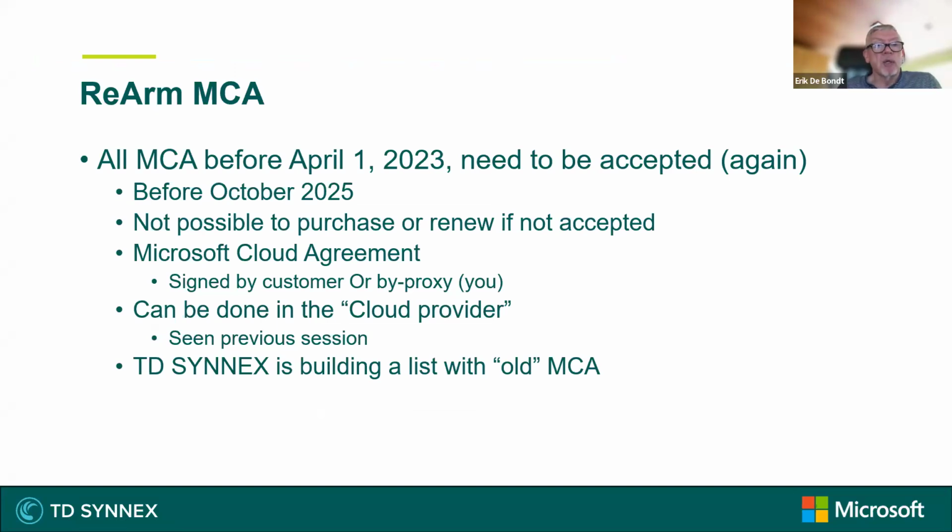And if we are allowed to by Microsoft, we will send you the list with your customers that need to have the MCA updated as well. We still have some time for that, but summertime is coming up slowly, and we know that it's a busy period with people on holidays. But we are working to get this list out to you for your customers.